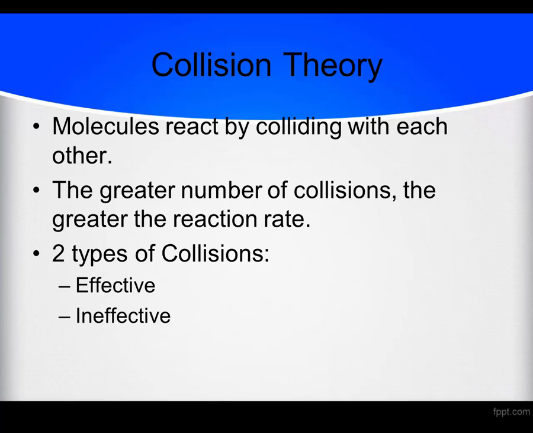And not all collisions are going to wind up making effective reactions. Some collisions between molecules will not be effective. So there's two kinds of collisions, the kind that are called effective, and the kind that are called ineffective. In general, the more collisions you've got, the better your chances of having effective collisions. So the more collisions you've got, the greater your reaction rate tends to be.